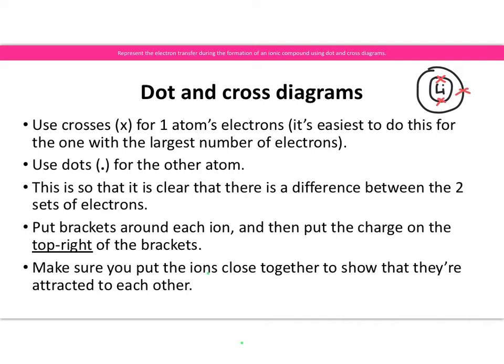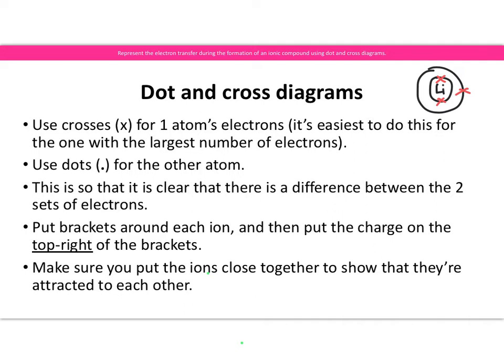You're also now going to use dots to represent electrons. We're going to use crosses for one element's atoms and dots for the other element's, and it's just going to make it a lot easier to see where the electrons have transferred.